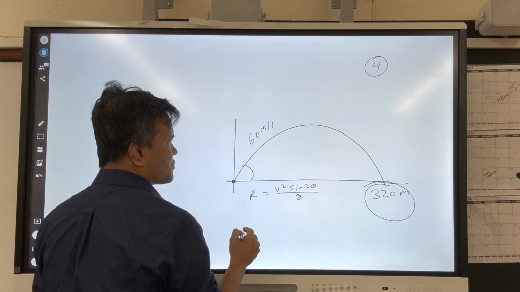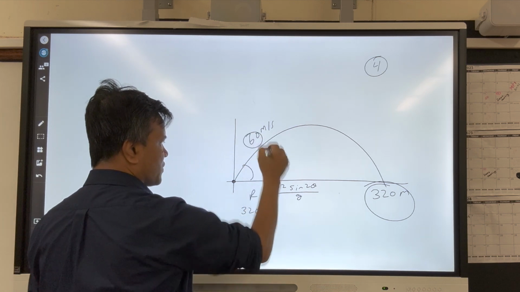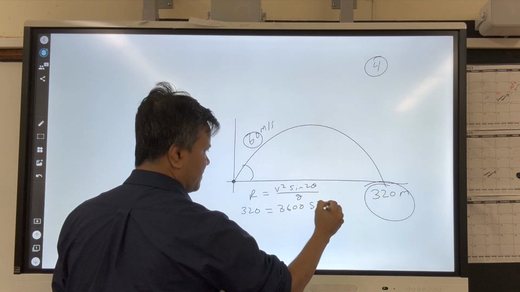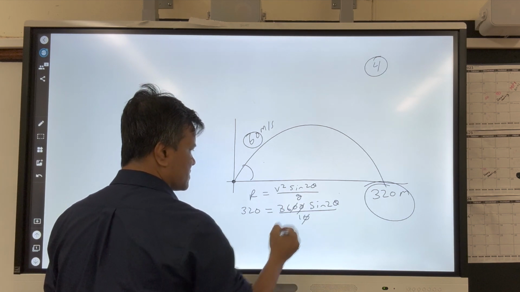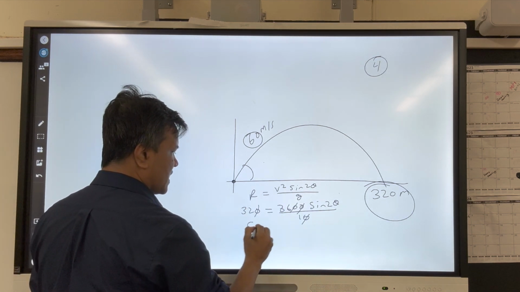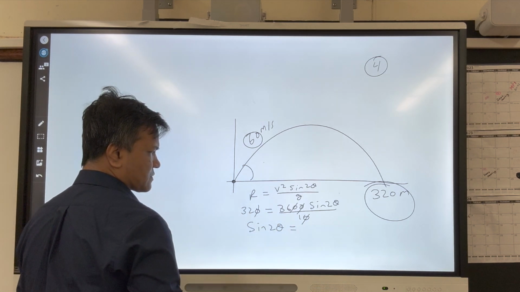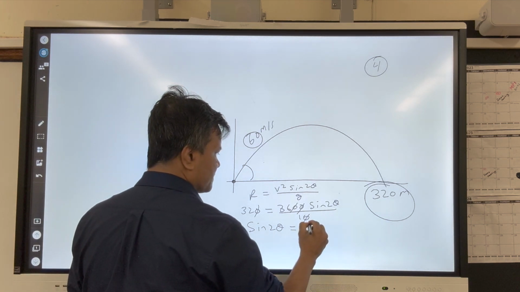So r is how much? 320. 60 squared is 3600. Sine 2 theta over 10. 0 cancel. This 0 cancel. So sine 2 theta is equal to what? 32 over 36.